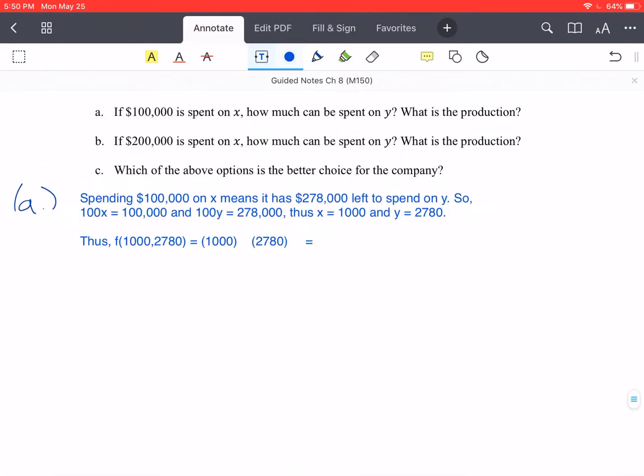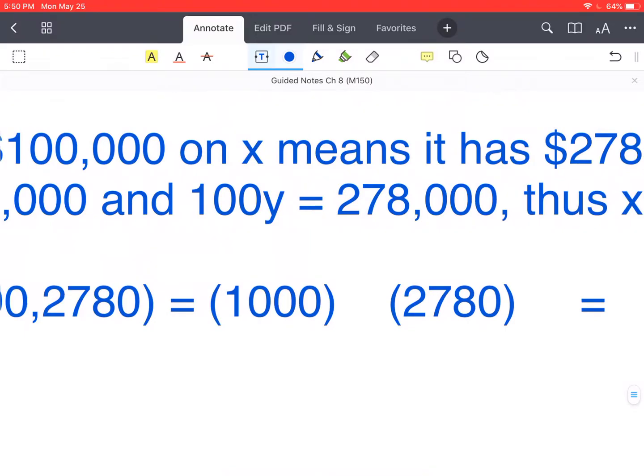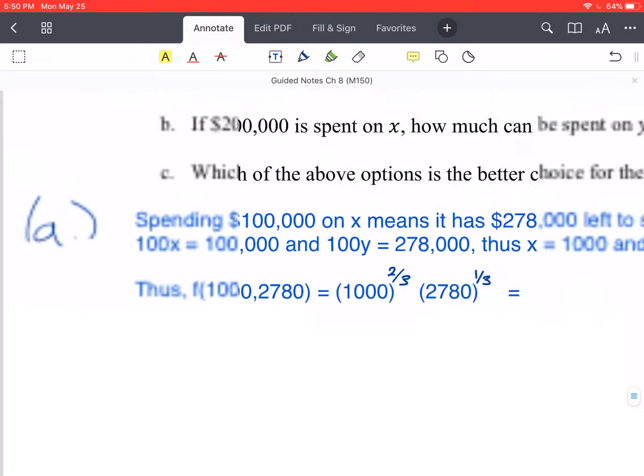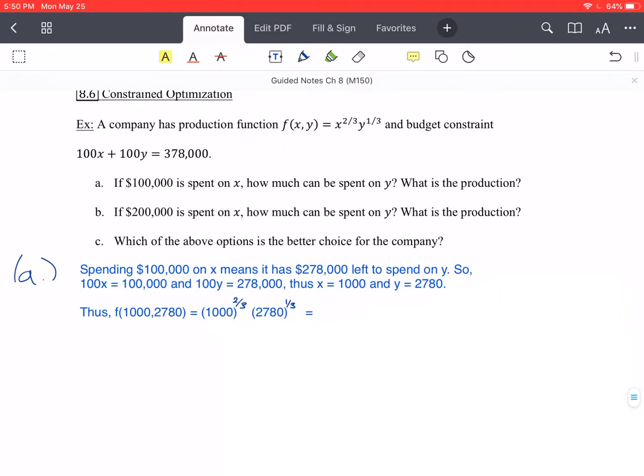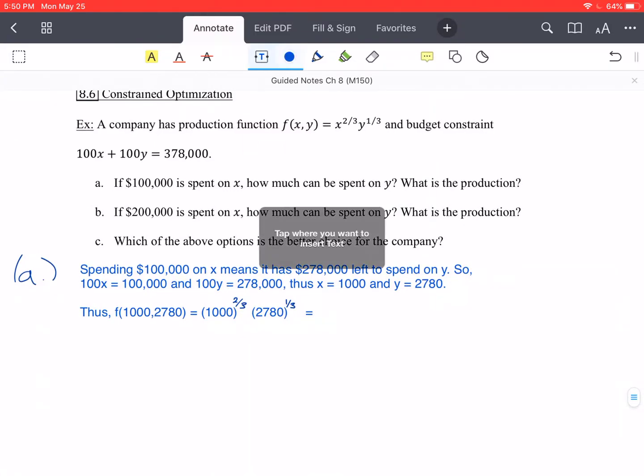So let me just put those in real quick. So that's 1000x, so that's x to the 2/3. And the y value gets raised to the 1/3 power. Okay.